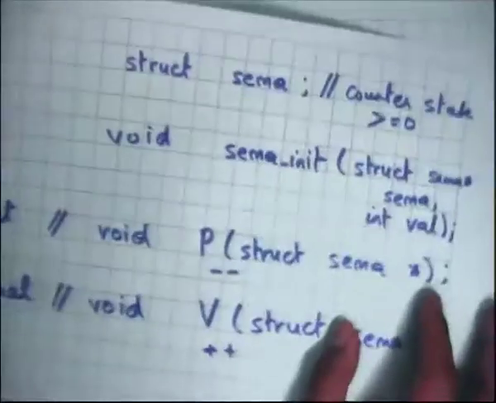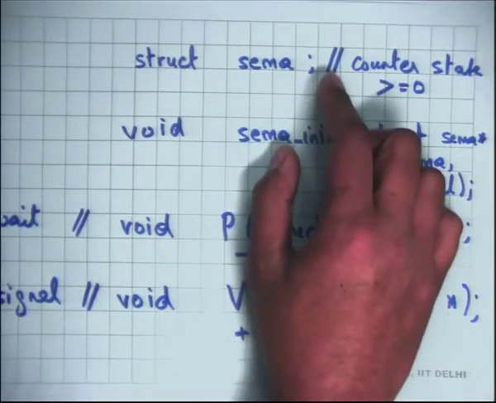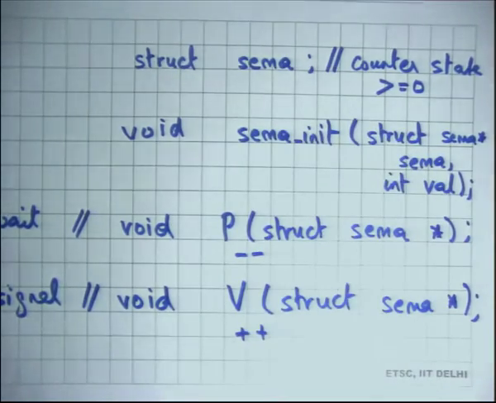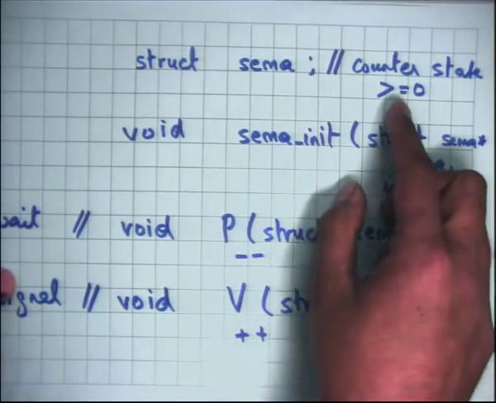Okay. So let's look at this abstraction once again. We have a type called Sema. It is a stateful type in the sense that it has a state, and the state is the counter. The counter must be greater than or equal to 0, non-negative.